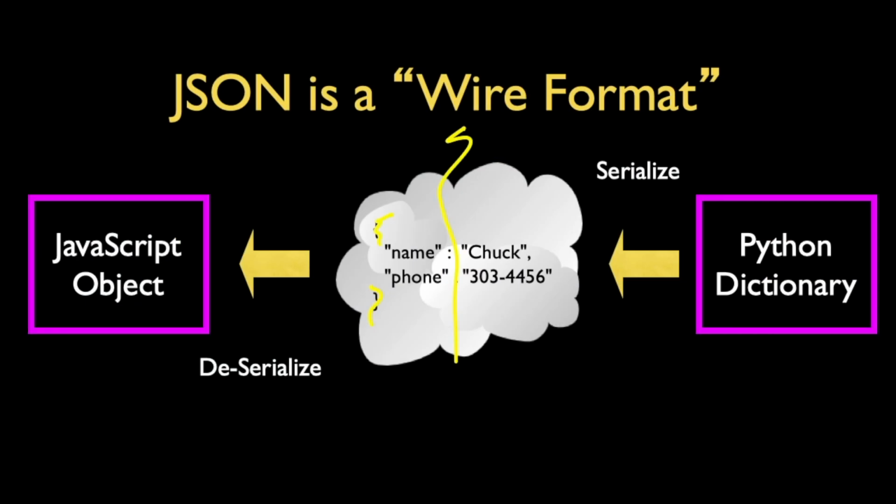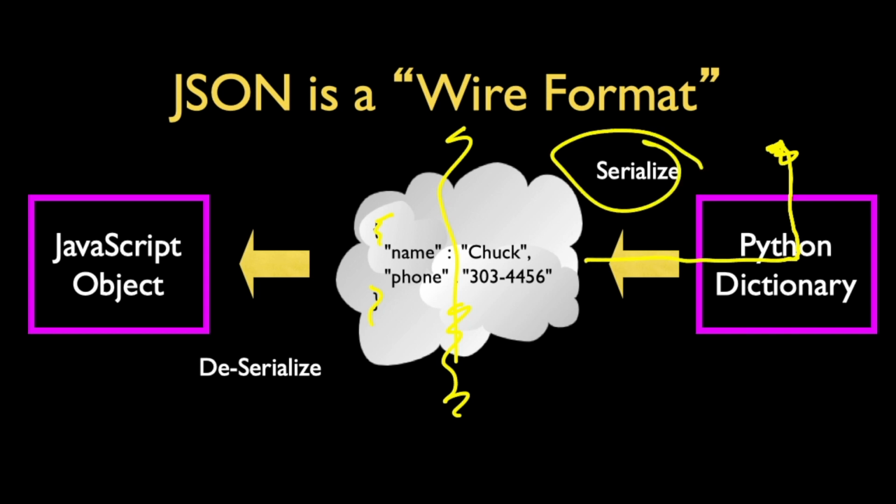Now, a wire format is a definition of what's supposed to run across the wire. So no matter what programming language, whether it's Python or JavaScript, you need to send it the right way. Inside of Python, you have a dictionary, then you have to prepare to send it across the internet, and you have to do what's called serialize, which converts it from the internal format to the agreed upon external format.